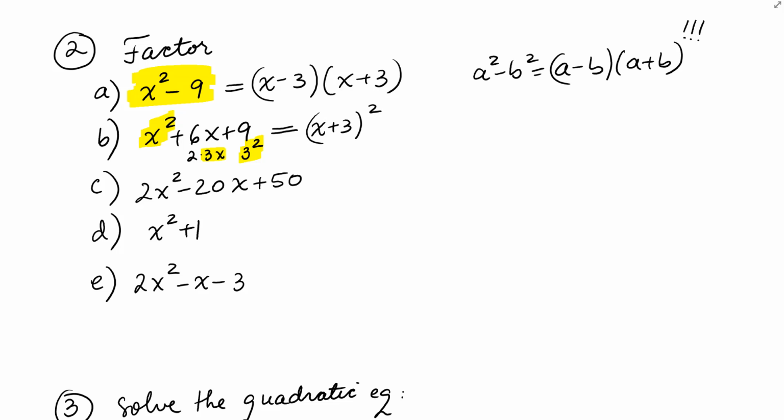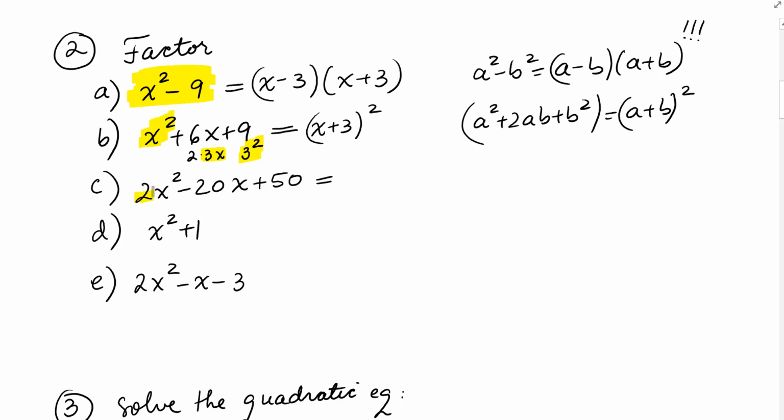So it is a perfect square trinomial. a squared plus 2ab plus b squared is equal to a plus b squared. Now let's take a look at the next problem.